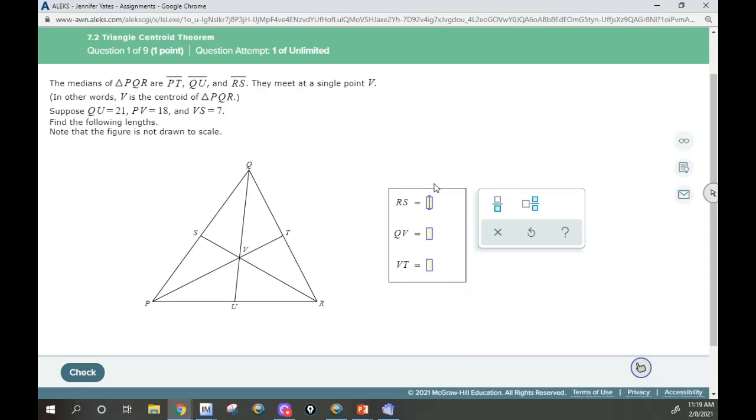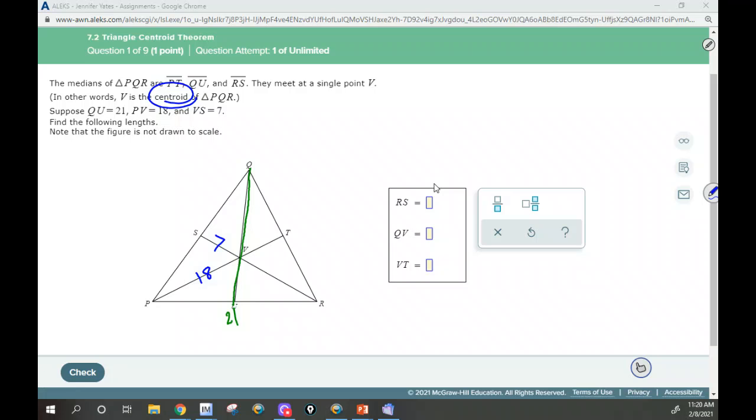They'll tell us all the information, and I want you to go through and label it. QU, so this long piece right here is 21. PV is 18. And then VS is 7. And it also tells us that we have the centroid. That's key. Remember, it splits these lines in thirds.